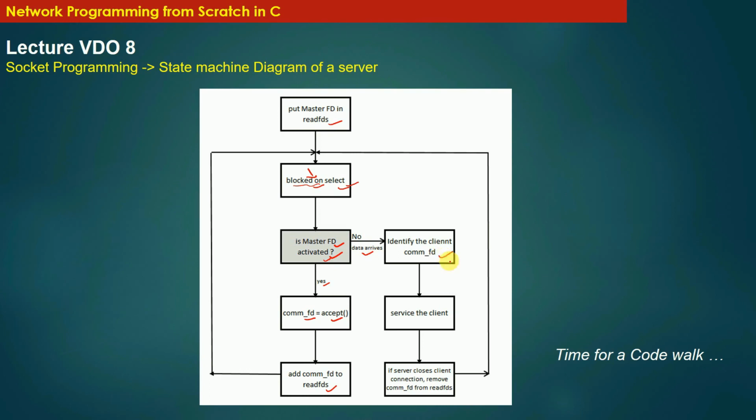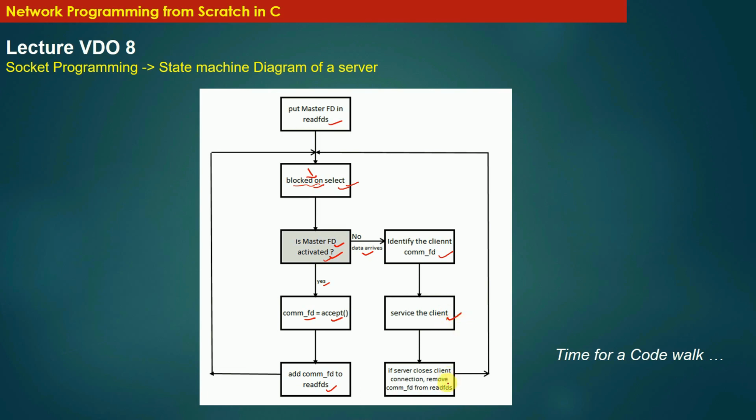Now, the server has to find out which of the connected clients has sent the data. And once it identifies that client, the server serves that particular client, that is, the server replies back to that client. Remember the second argument in the accept system call, where we used to save the client information? That client information is used by the server again to reply back to the client.